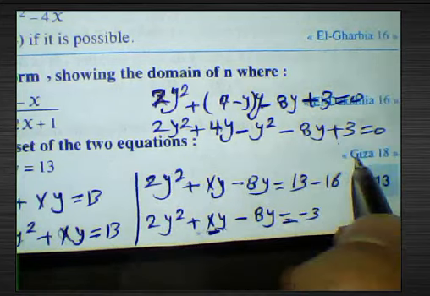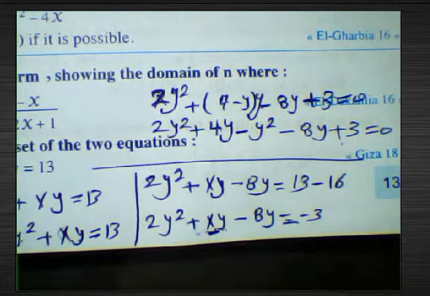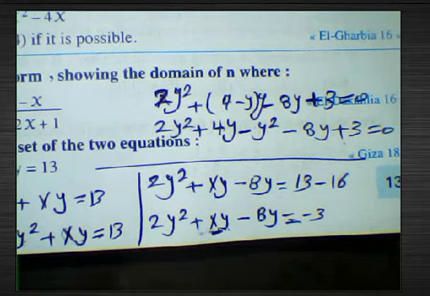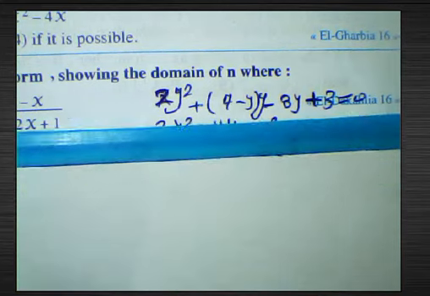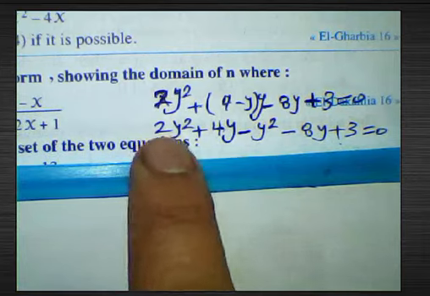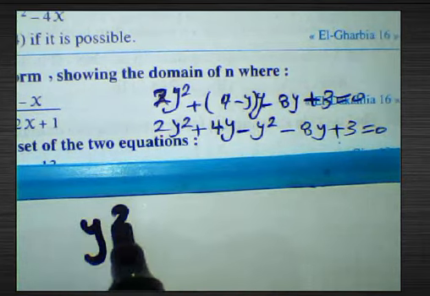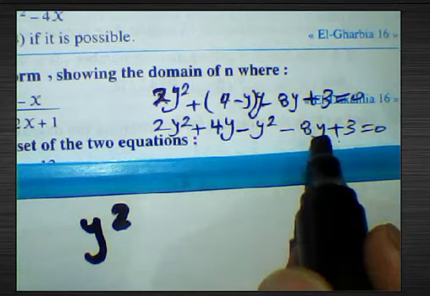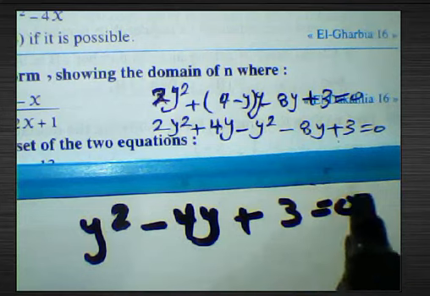And then the result will be what? 2y squared minus y squared will be y squared. Okay, I will solve this example, my students, on the board. I complete here. Okay, my students, 2y squared minus y squared equals y squared, and 4y minus 8y is negative 4y, plus 3 equals 0.